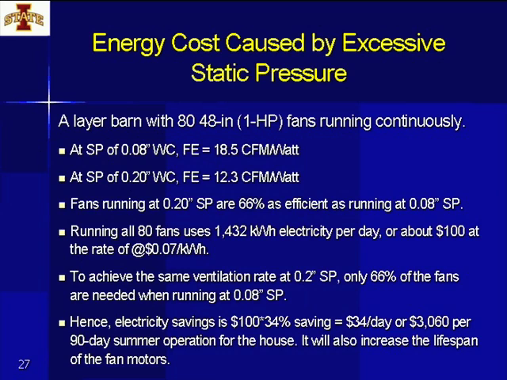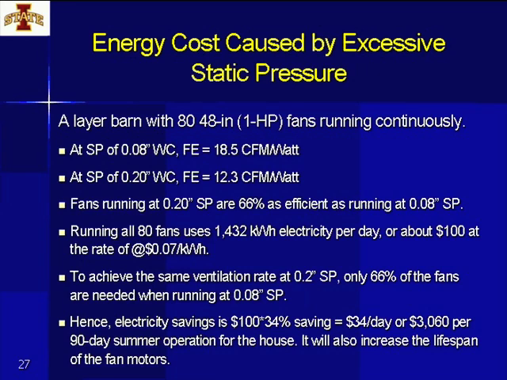In other words, the fans running at 0.2 static pressure are 66% as efficient as running at 0.08. Running all 80 fans uses 1,400 kilowatt-hours of electricity per day, or about $100 at 7 cents per kilowatt-hour.